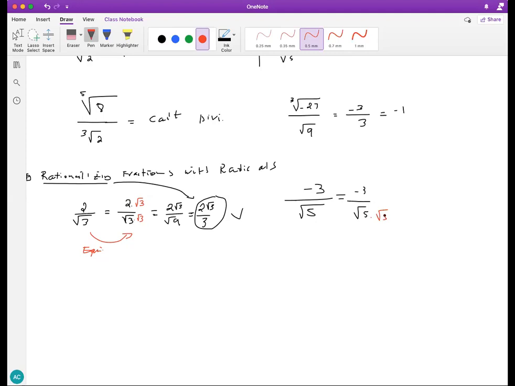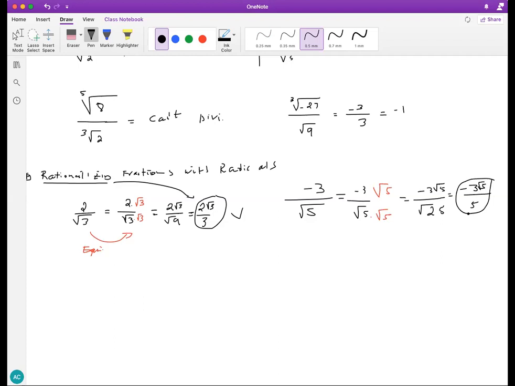Right, times it by itself, and the top also by the same thing. Then negative 3 times radical 5 is negative 3 radical 5. And the bottom here is radical 25, which is just 5. And that's it. That's exactly what we needed to do. As long as you don't have a radical here, that's fine.